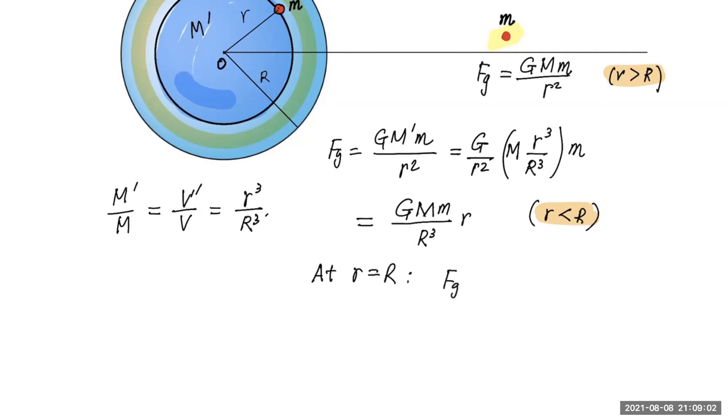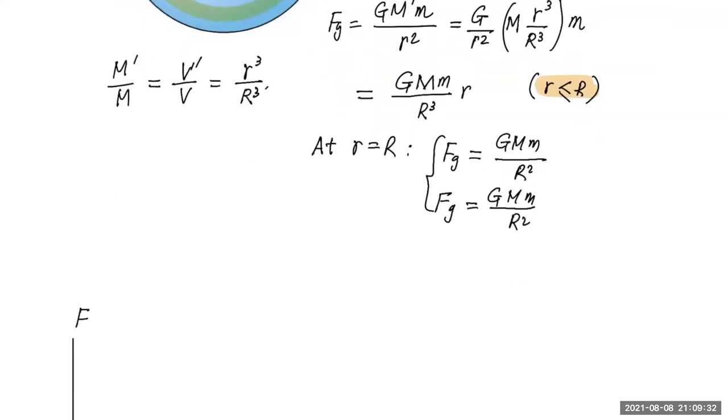According to the first expression, Fg is G M m over R squared. According to the second expression, Fg equals G M m over R cubed times small r, and when small r equals big R, it's also G M m over R squared. See, they become equal. When small r equals big R, the two expressions merge.